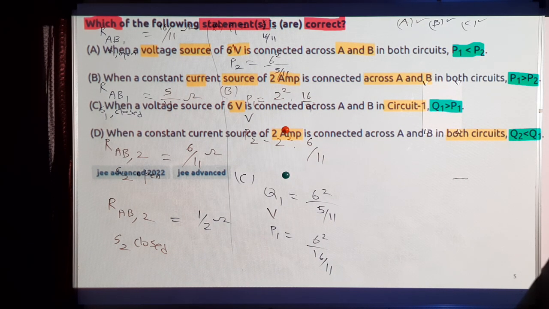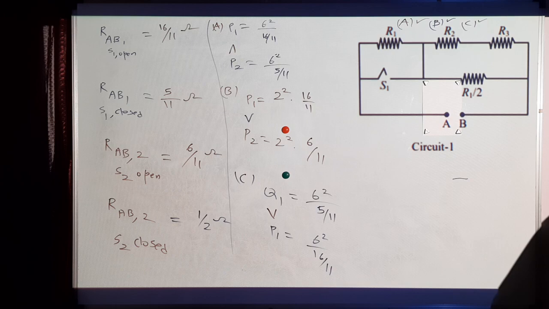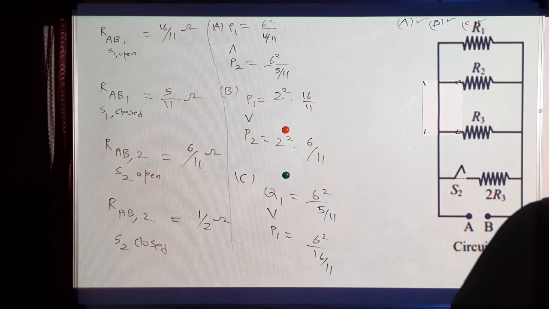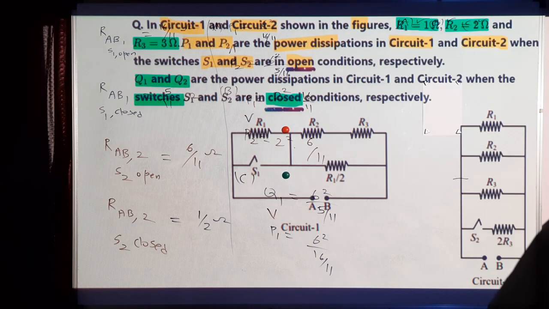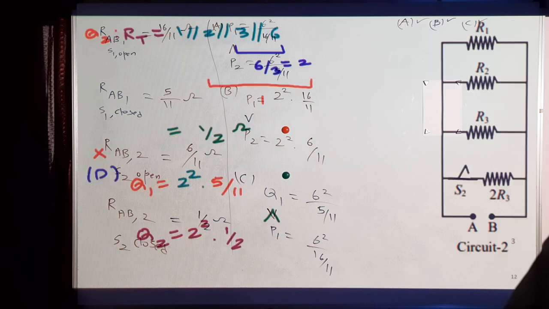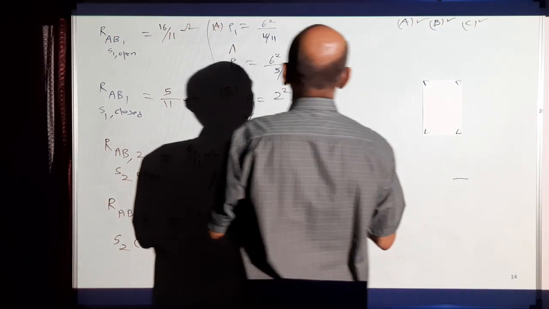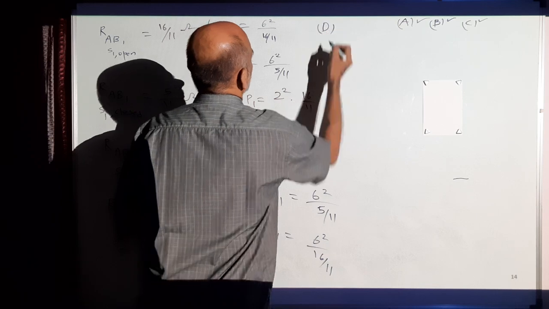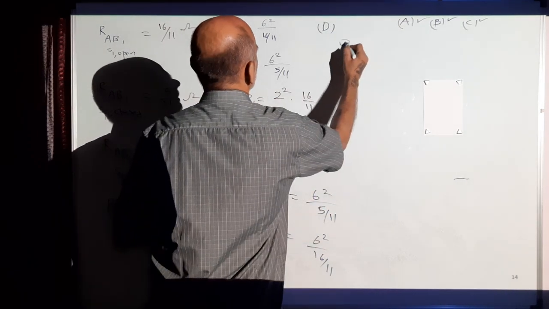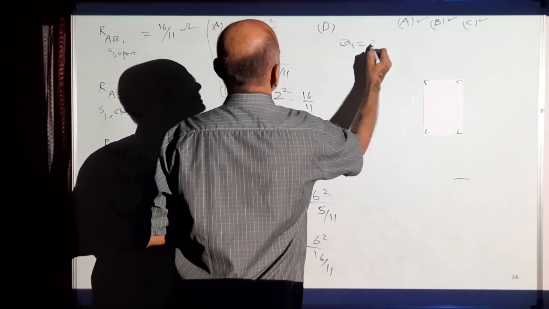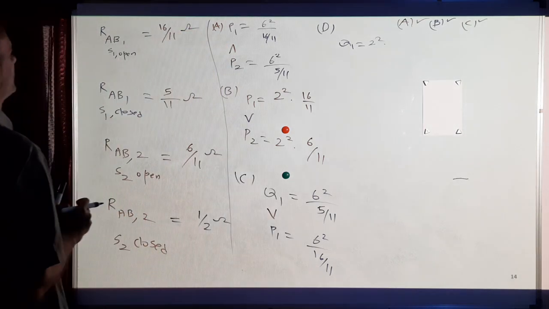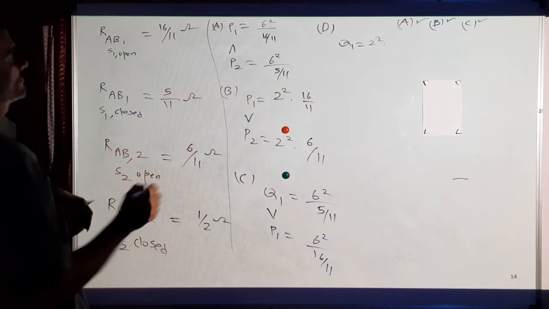Statement D: a current source of 2 amps is connected across A and B, and we have to compare Q2 with Q1. For statement D, we find Q1, which is I square R. In the first circuit when the switch is closed, it's 5 by 11.